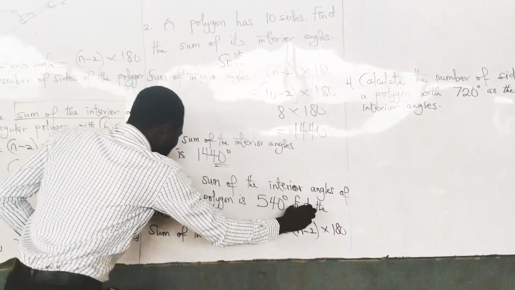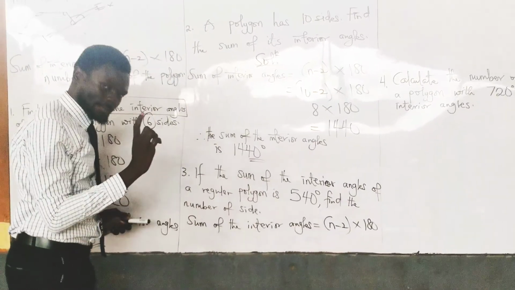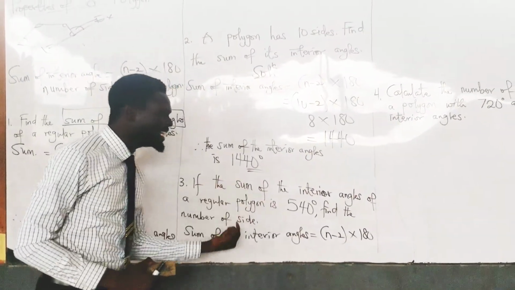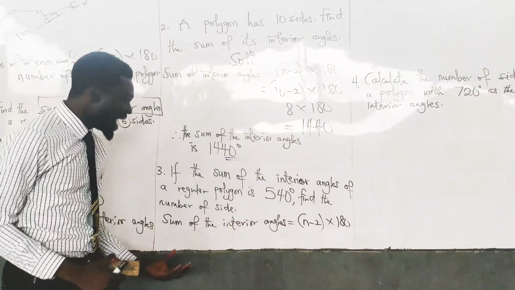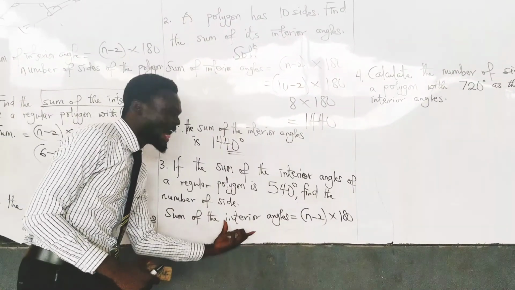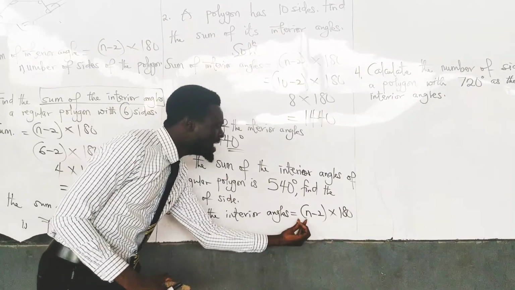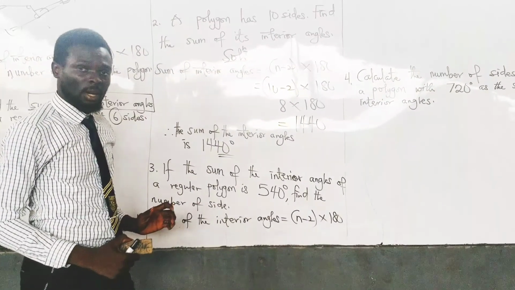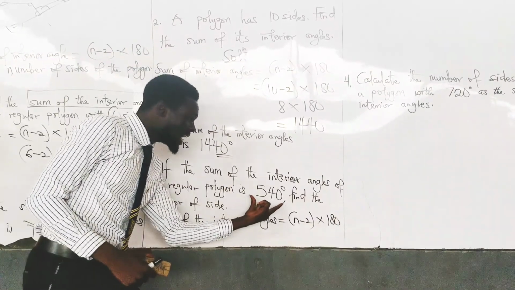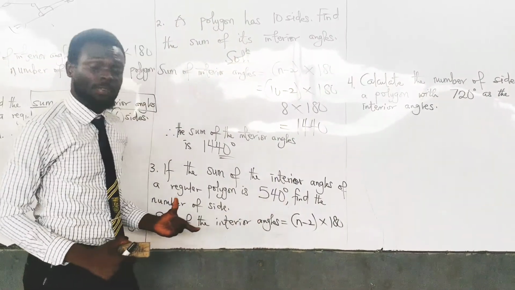I am finding the number of sides and they've given me the sum of the interior angles, which is equivalent to this formula where the n is located. From the question, the sum of the interior angles is 540.